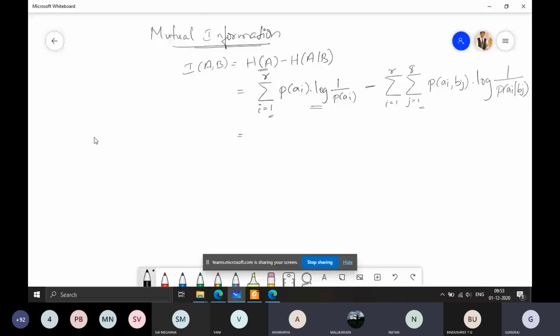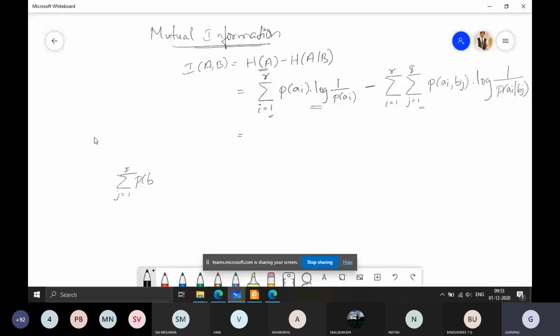The summation from j = 1 to s of p(bj/ai) is equal to 1. That is, if you take the sum of the elements of the channel matrix row wise, you will get 1. The formula is: summation j = 1 to s of p(bj/ai) = 1.